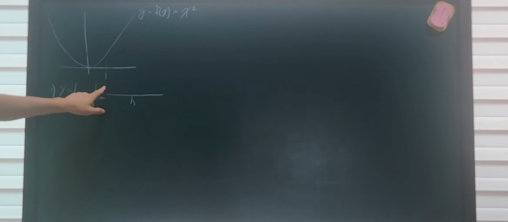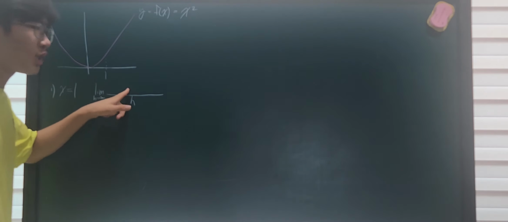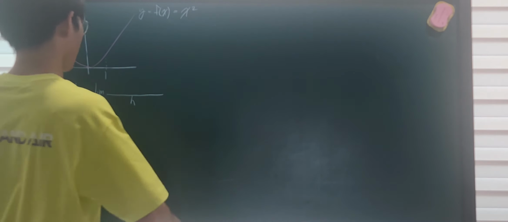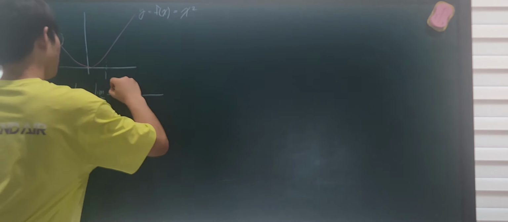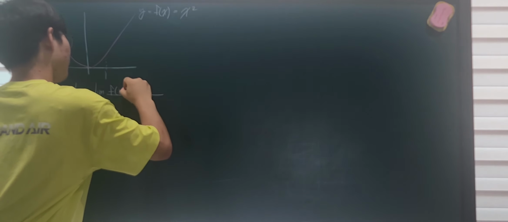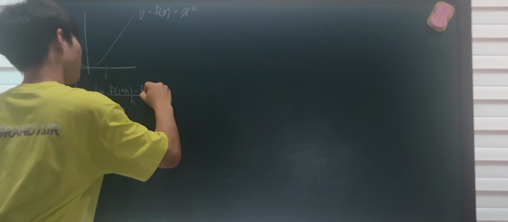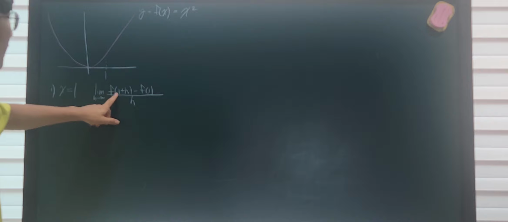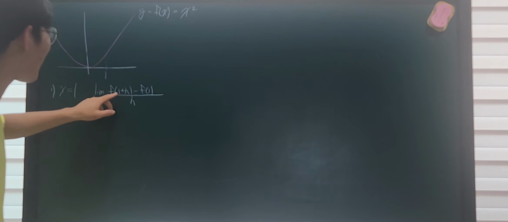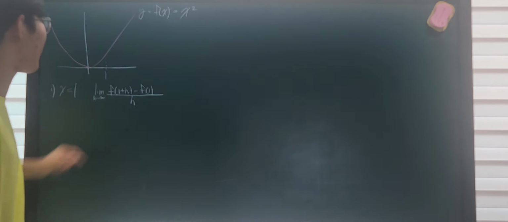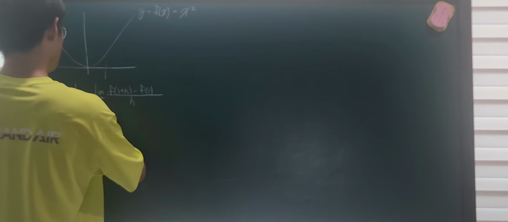So it is actually [f(1 plus h) minus f(1)], right? The first principle formula. However, instead of f(1 plus h), if we plug in 1 plus h in place of x, then what is this going to give us?